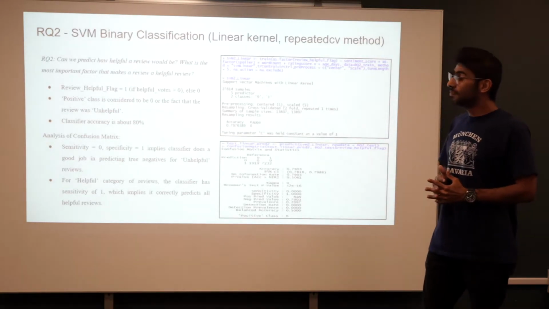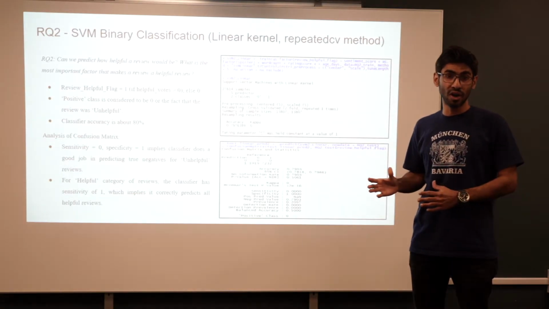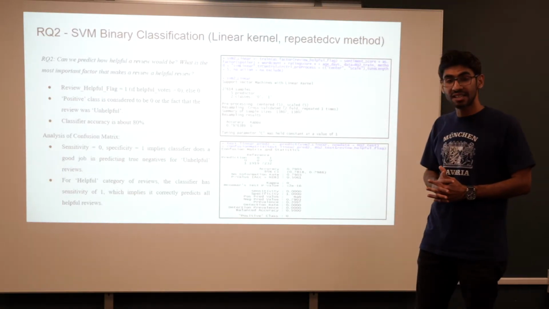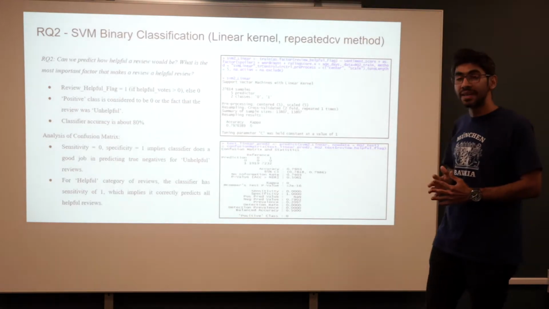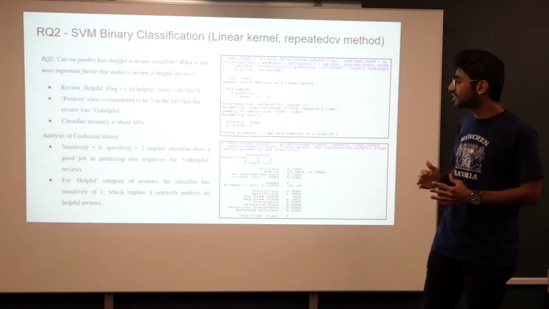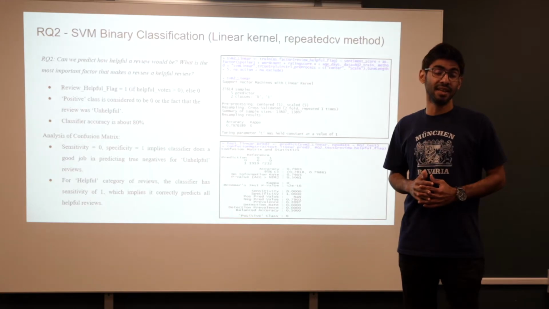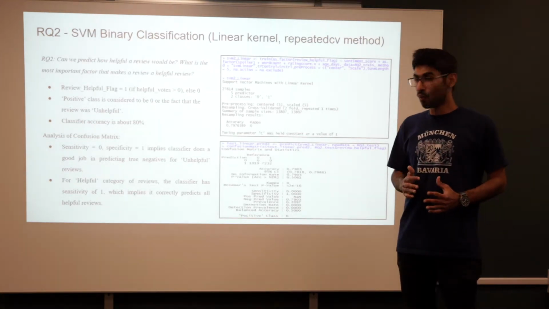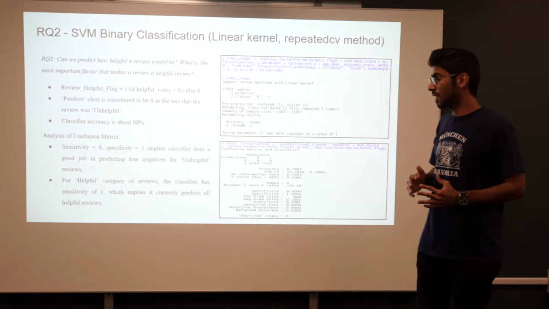And next we look at the binary classification. So here we visualize a review as being helpful or not. So we have a review helpful flag as our dependent variable. And again, for the linear kernel in the repeated cross-validation method, the accuracy rate is about 80%. But once again, for the helpful category, the classifier has a sensitivity of 1, which implies that it correctly predicts all the helpful reviews.